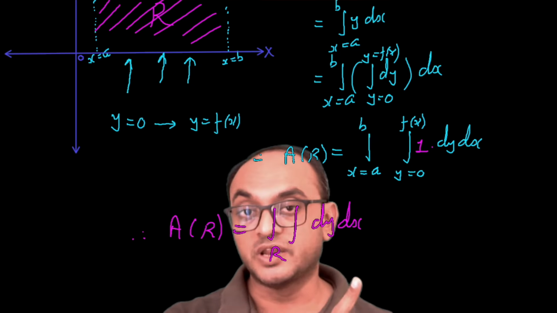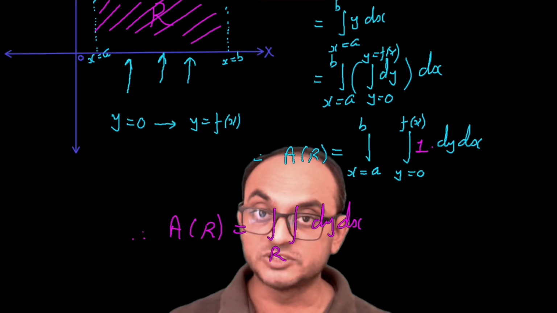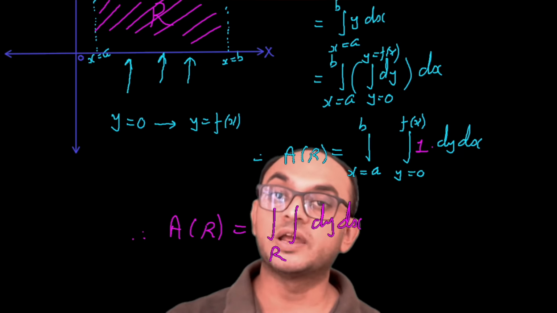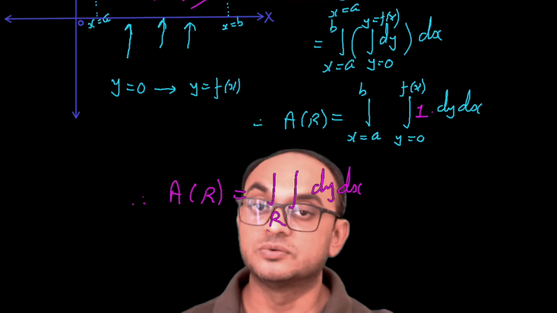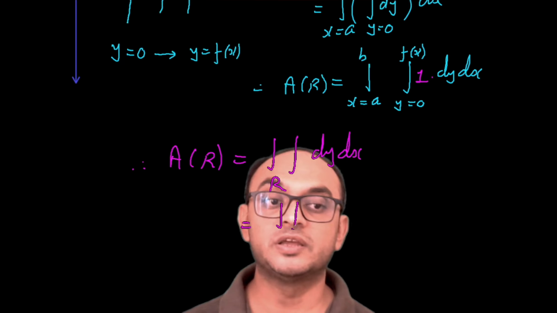Now as I explained, here the function is 1, which is a continuous function. So by Fubini's theorem, in place of dy dx you can write dx dy also, which is the same as double integration over R of dx dy.